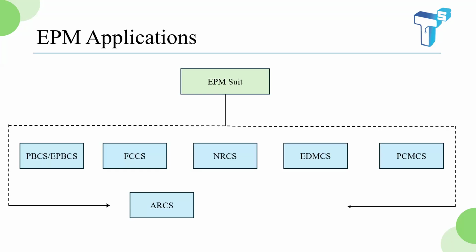For example, if you want to reconcile the data between FCCS and PBCS, to see if the data is getting tallied or not. So if you want to reconcile the accounts, then Oracle is providing the ARCS application for you.